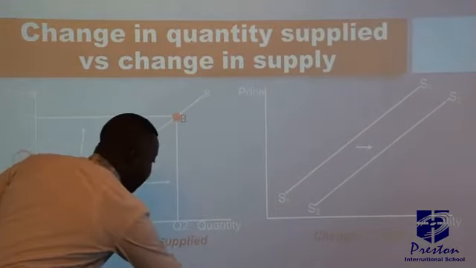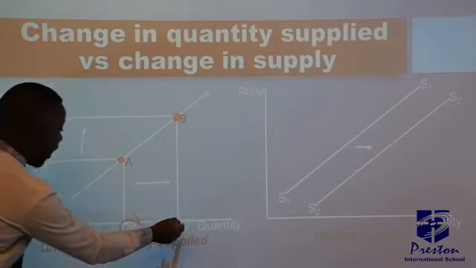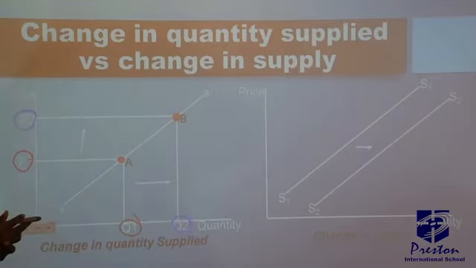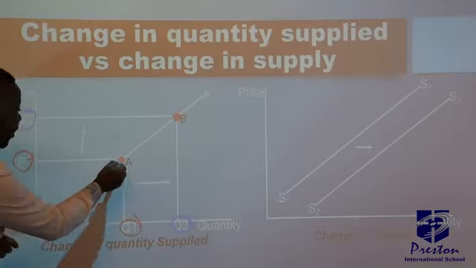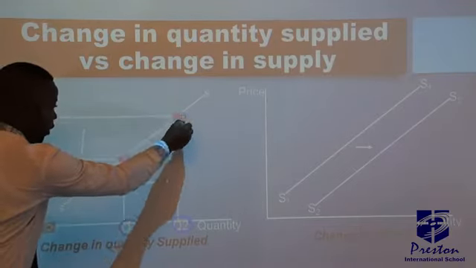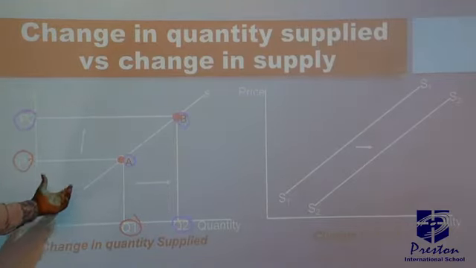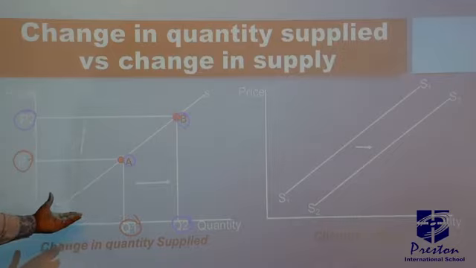And when the price increases to P2, the producer is willing to supply Q2. That change in price means that we have moved from point A to point B. This is an example of change in quantity supply.